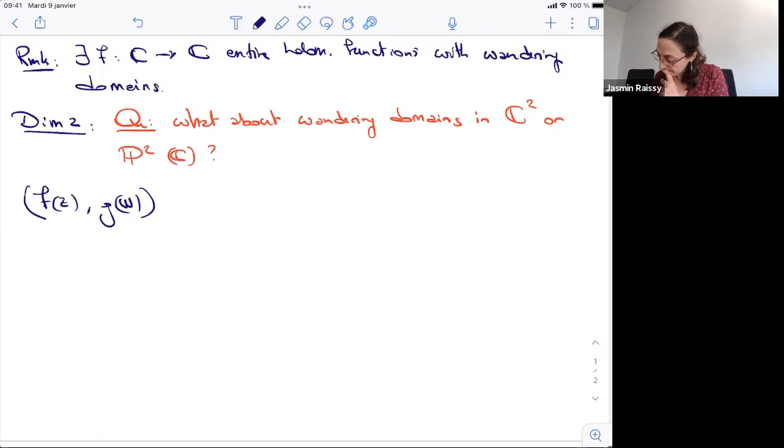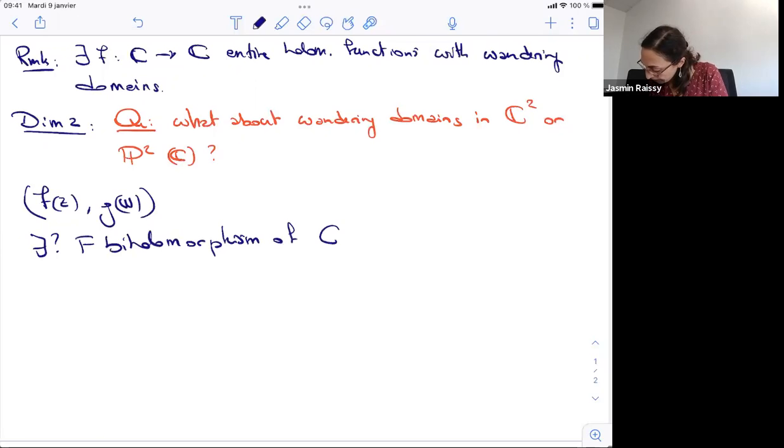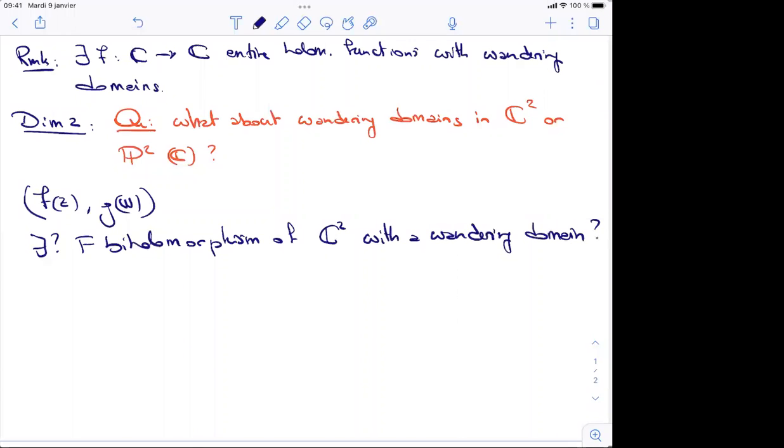So, does there exist a biholomorphism of C2 with a wandering domain? And the answer is yes.